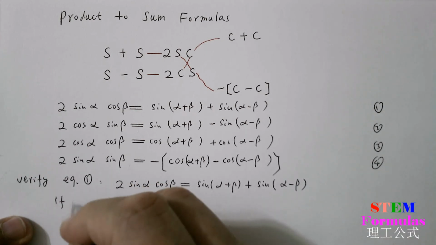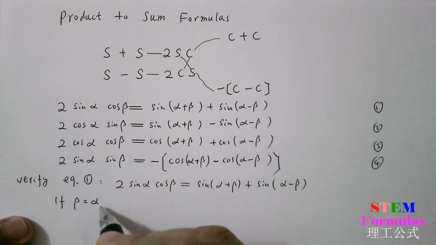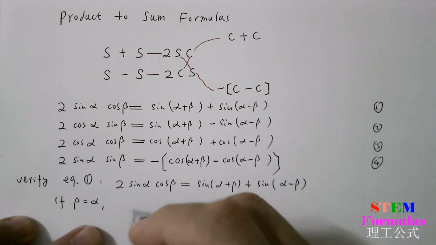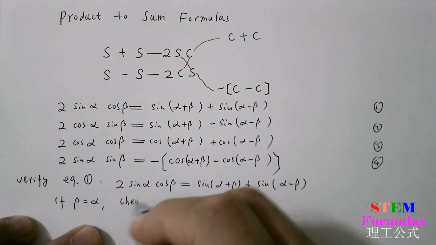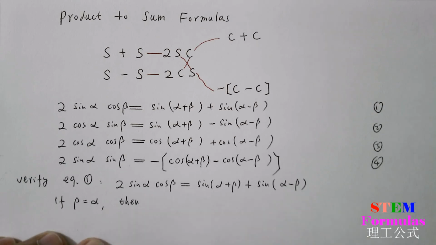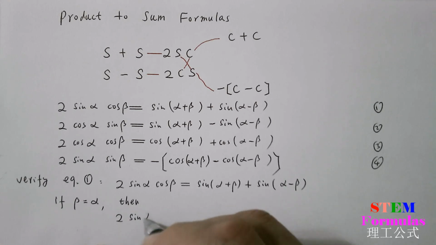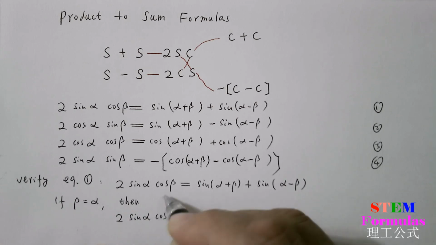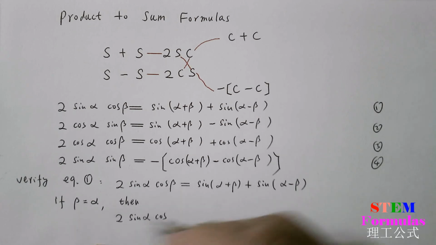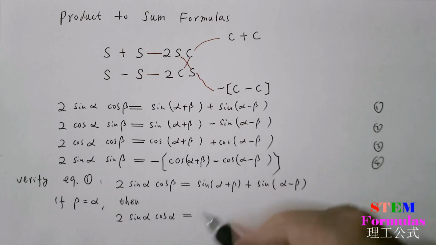If beta equals alpha, then on the left side I have 2 times sine alpha cosine alpha.